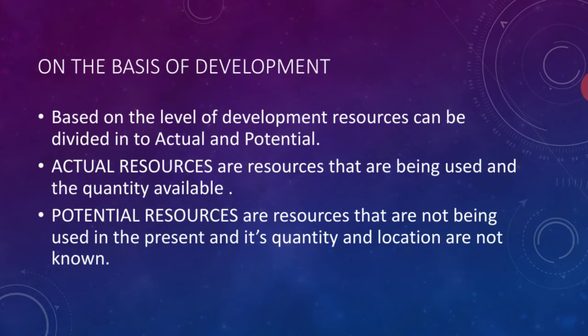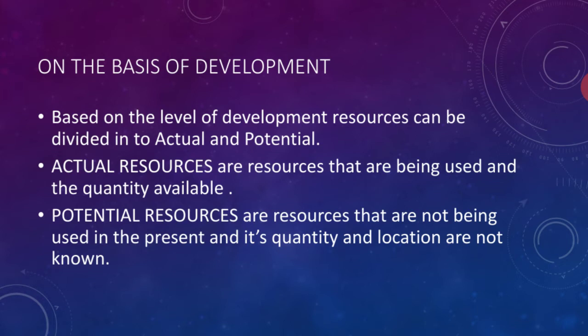Example, yeast. We are using yeast in very small quantities only. For example, we use yeast in bread for softness. We are not using more, but it is available in most areas, especially marine yeast found in the Bay of Bengal and the Arabian Sea. So the resource is more, but the need for that particular quantity is very less.